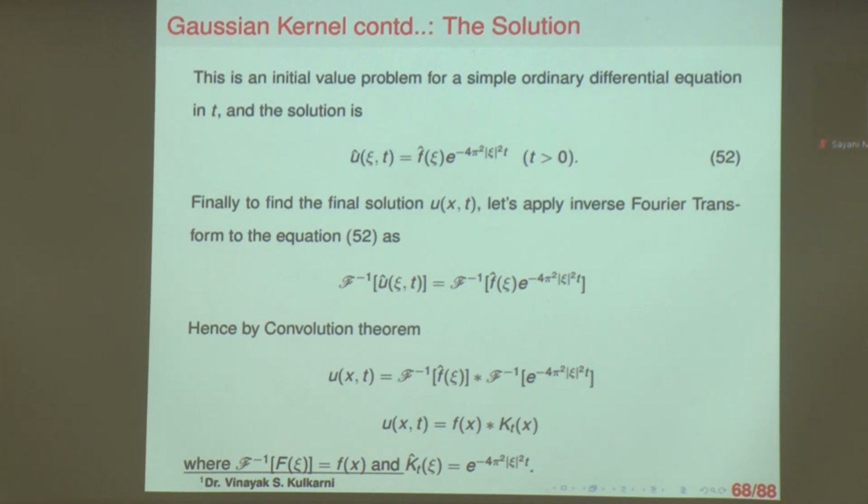Notation wise, f cap of xi represents the Fourier transform of f(x), so its inverse can be written as f(x), and the inverse Fourier transform of this particular exponential term I will call K(t, x), and K(t, x) again represents our heat kernel.